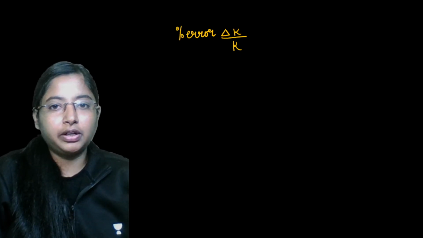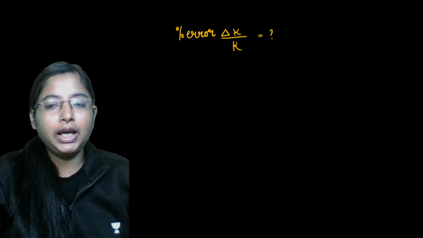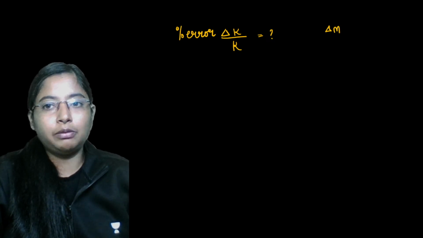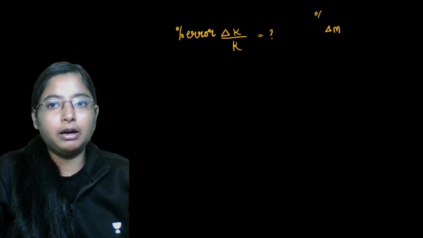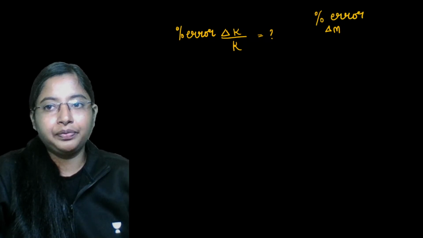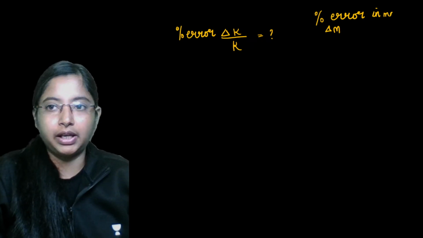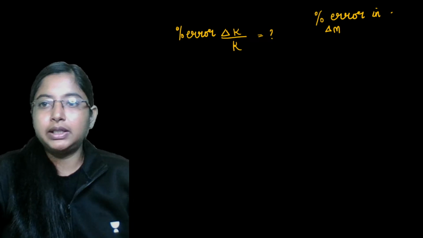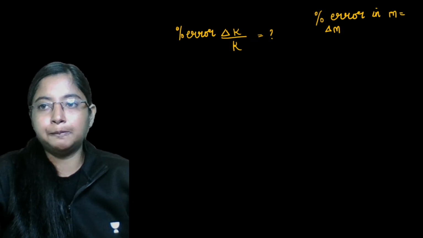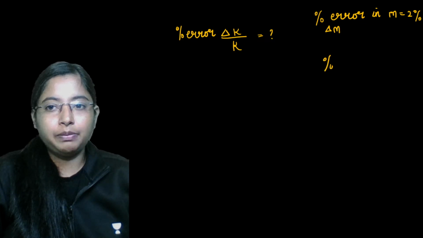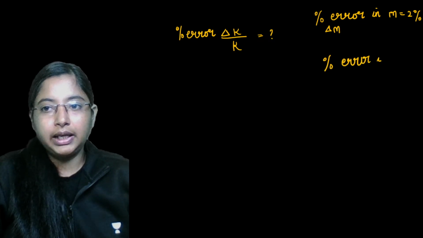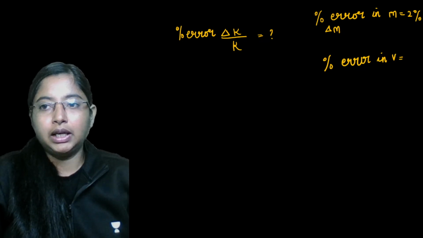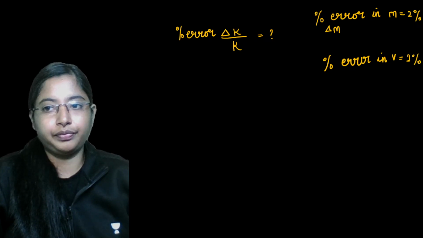What is the percentage error in kinetic energy, given the percentage error in mass? Percentage error in m is 2%, and percentage error in velocity is again let's say 2%, same value.